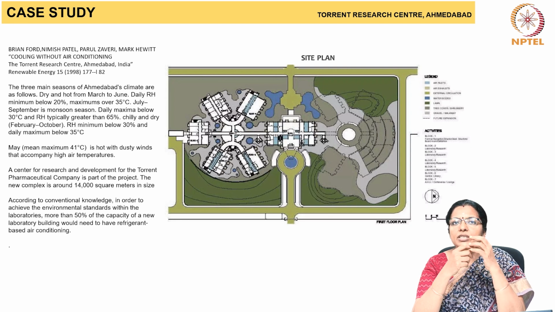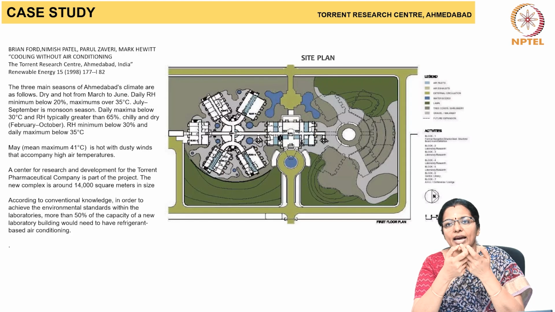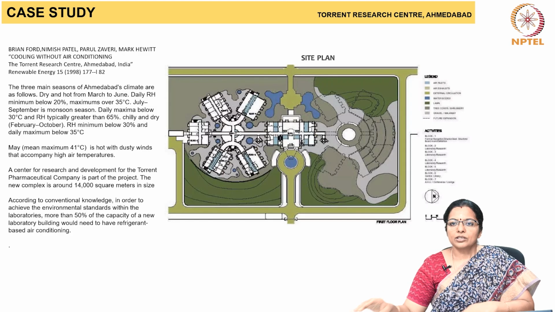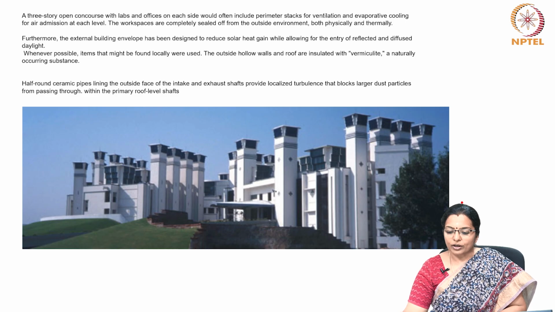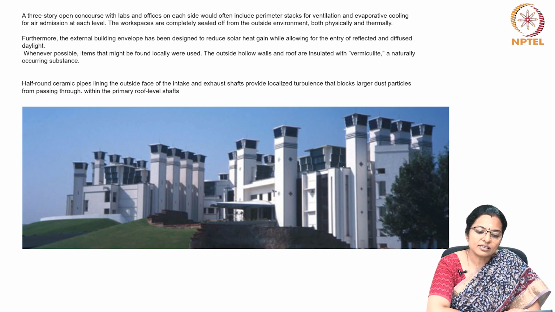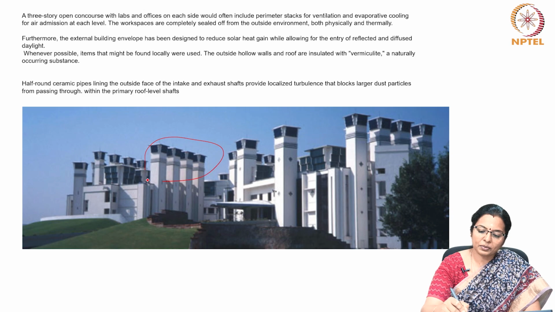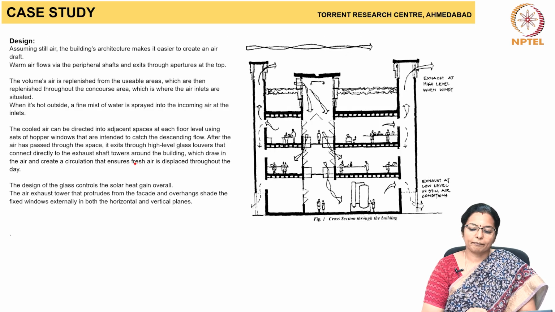This is the most taxing season of the year because there are frequent hot dusty winds that accompany high air temperatures. So this is the background of the Torrent Research Center, and the Torrent Research Center is a 3-story open concourse with labs and offices, and it has, as you can see, a number of PDEC towers.